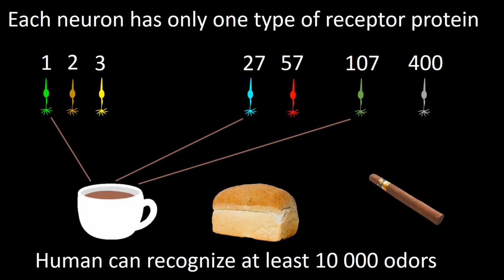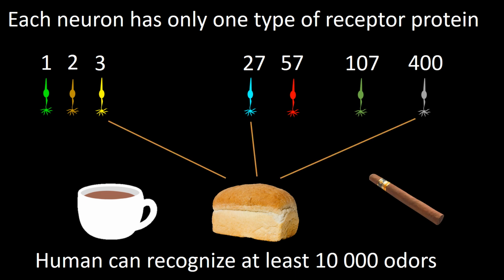One odor, let's say coffee, is the result of a stimulation of a set of olfactory receptor cells, each perceiving a subcomponent of the odor that, when simultaneously stimulated, are interpreted as the odor of coffee.